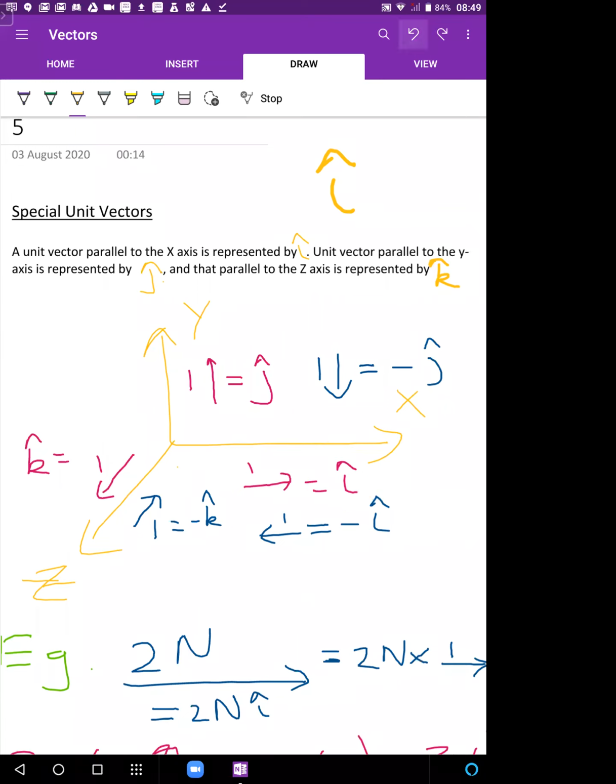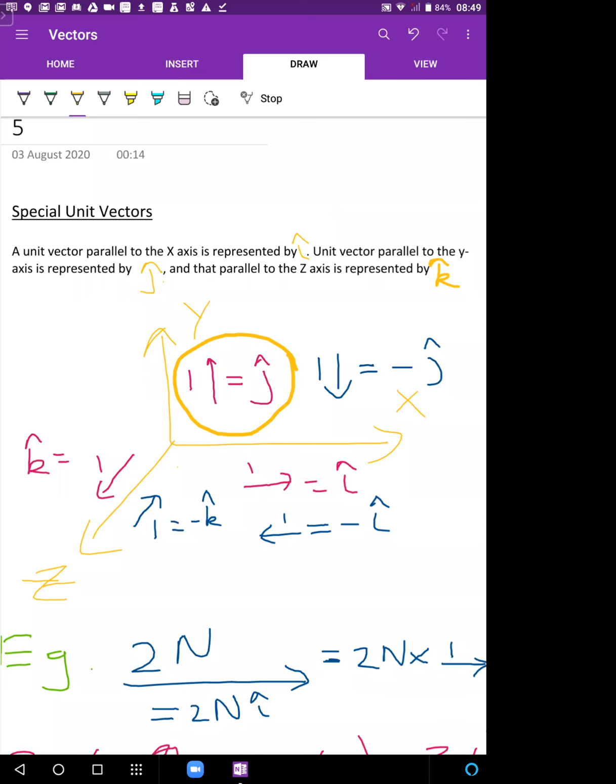Then a unit vector parallel to the y-axis is represented by j cap. After i comes j, after x comes y. So this vector parallel to the positive y-axis is represented by j cap.